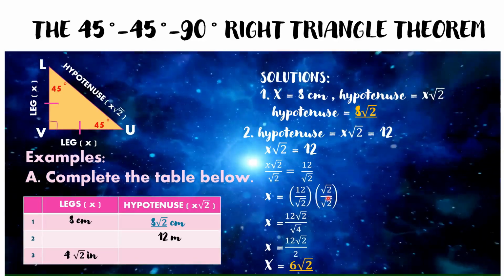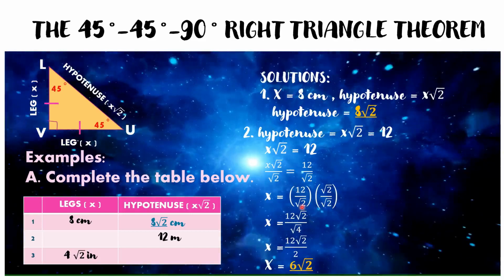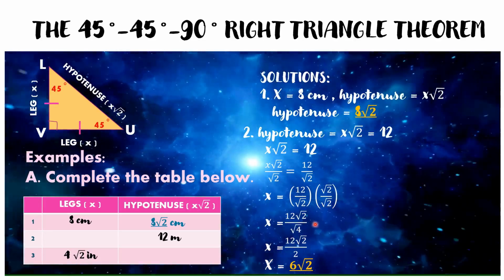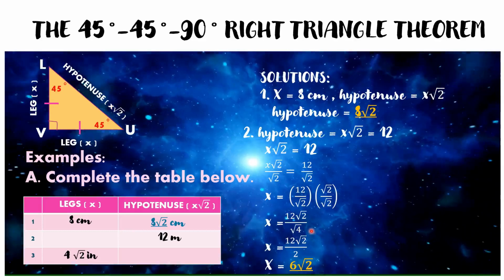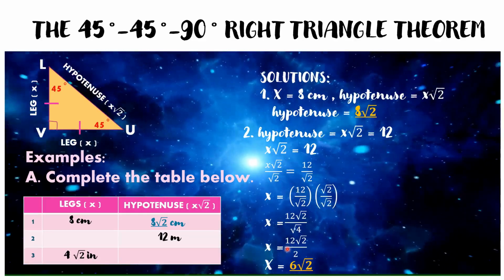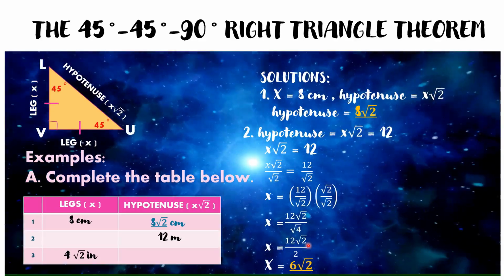So 12 times square root of 2 is 12 square root of 2. Square root of 2 times square root of 2 is square root of 4. So x equals 12 square root of 2 over 2.